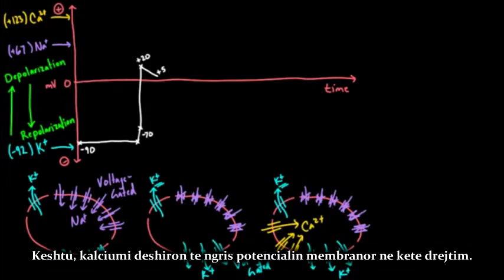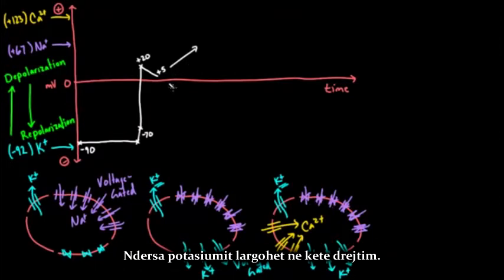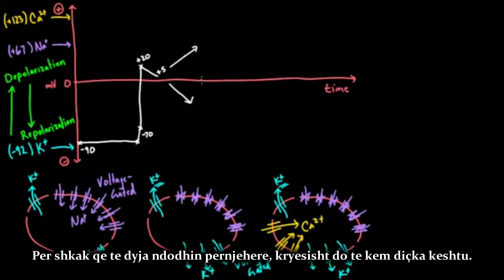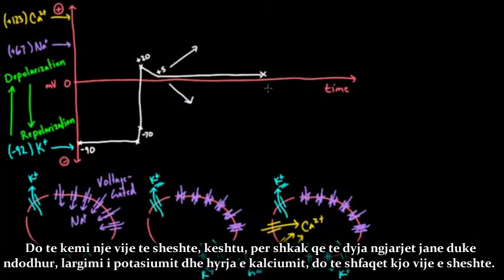So calcium is going to want to raise the membrane potential this way. Potassium leaving is going to want it to continue going down this way. And because both are happening simultaneously, you basically get something like this. You get kind of a flat line. So because both events are happening, both potassium leaving the cell and calcium entering the cell, you get this kind of flat line.